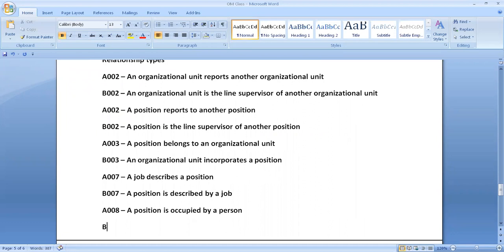And in the reverse way, which is nothing but B008, I can say a person occupies a position.